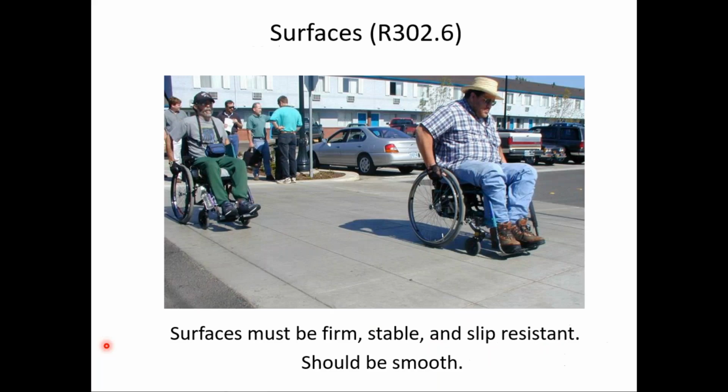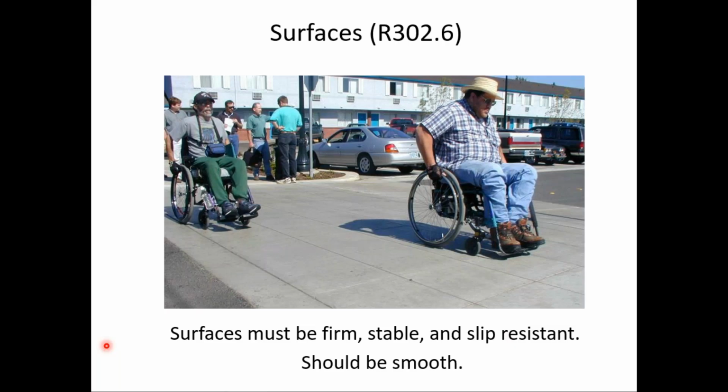Surfaces. PROWAG is pretty generic. It says surfaces must be firm, stable, and slip resistant. They should be smooth. So things like concrete and asphalt are accessible surfaces. Timber, like a timber boardwalk, is firm and stable. When it's wet, it might not be slip resistant, so you may need to do some treatments to provide slip resistance.